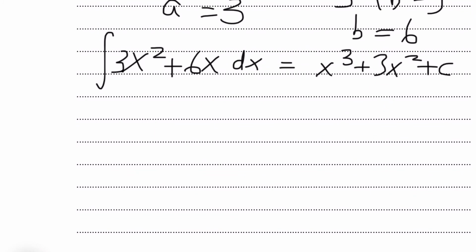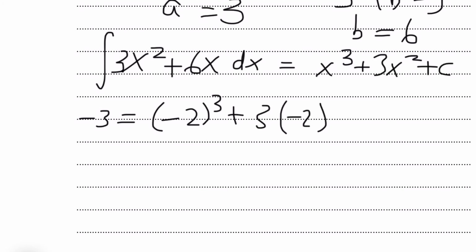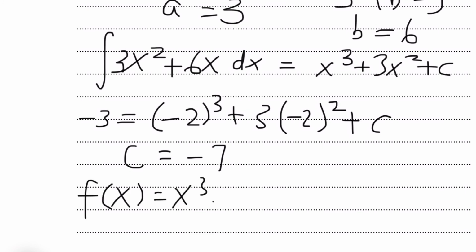So we will use the point negative 2, negative 3. So negative 3 as y is equal to negative 2 cubed plus 3 times negative 2 squared plus c. So your c is negative 7. So your equation is x cubed plus 3x squared minus 7.